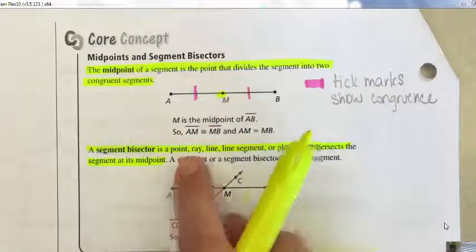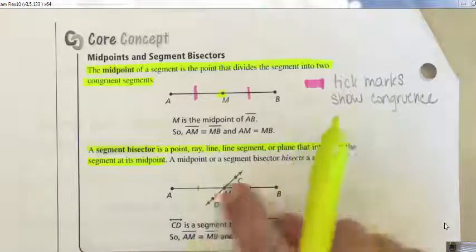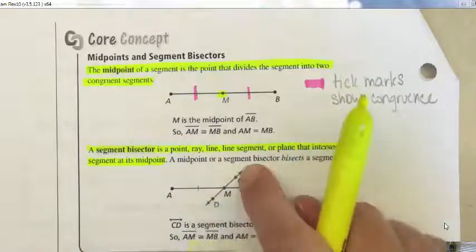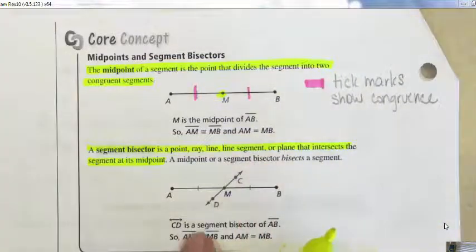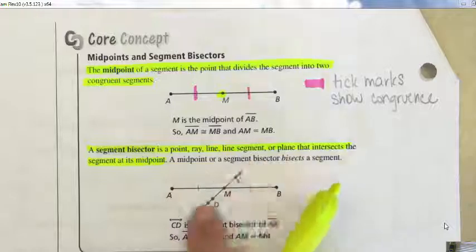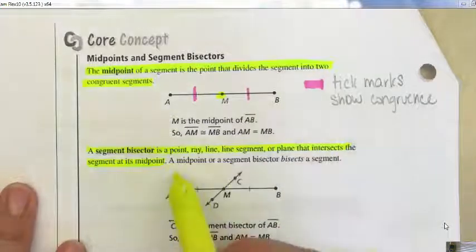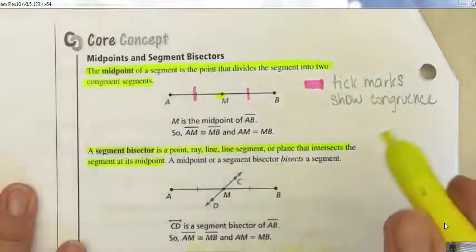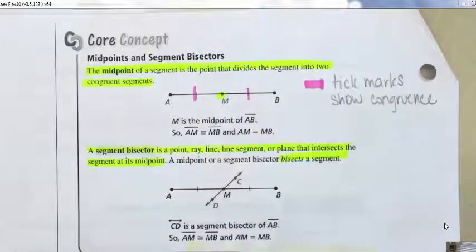So it can be a point, but it can also be a ray or a line segment. Notice here, we've got line DC or line DM or whatever you want to call it. They call it line CD. And that's also a segment bisector. So a midpoint or a segment bisector bisects a segment. It basically means that it cuts it into two equal parts again.